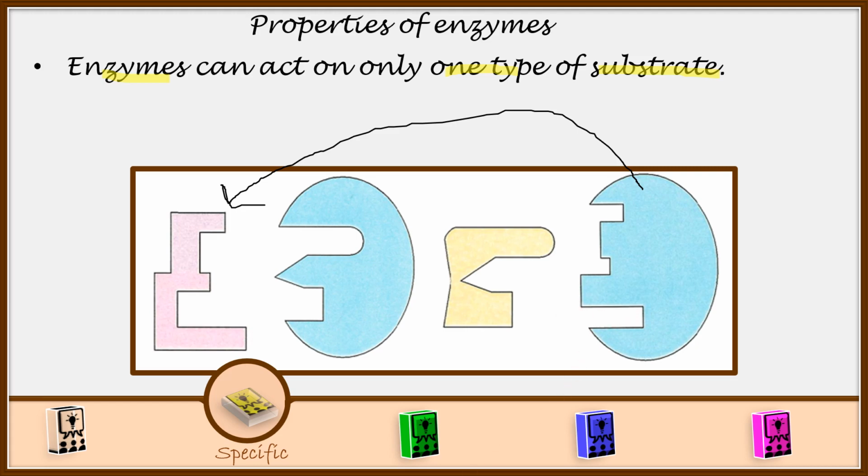At the same time, this enzyme here can work on this substrate, because its shape can enter into this enzyme. So that's what we are saying, that an enzyme can only work on one type of substrate.